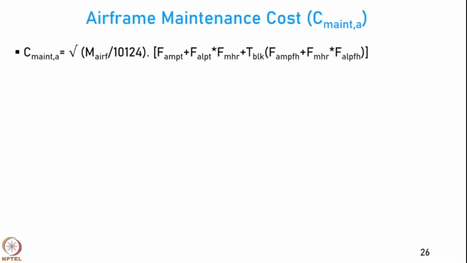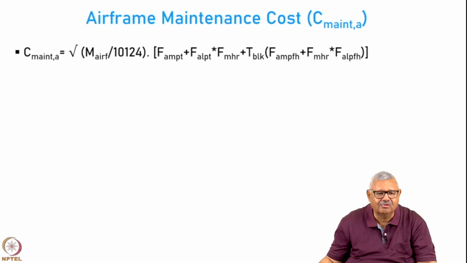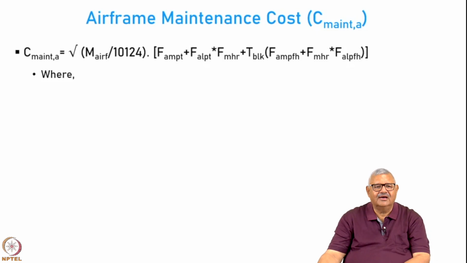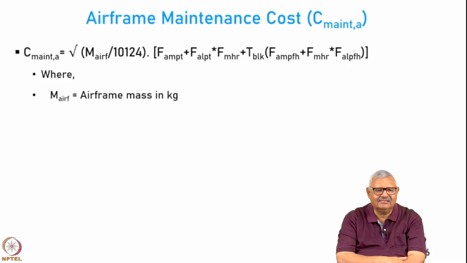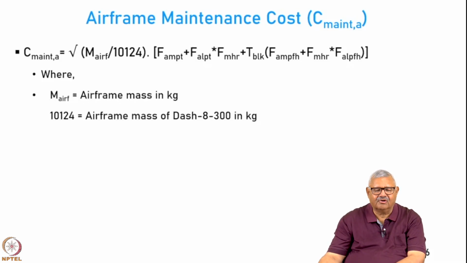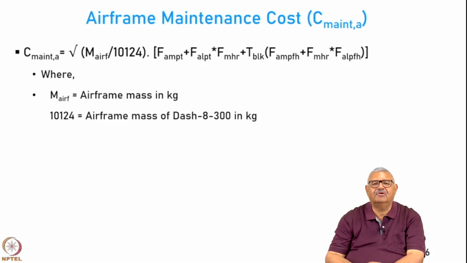So, now what we did is, this is a little bit involved formula, so I am going to go very slow and explain to you. Here you can notice you have airframe mass and then there are various components. Now, for Dornier 228-212, the airframe mass is 6200 kg, but the one for Dash 8-300 is 10124.